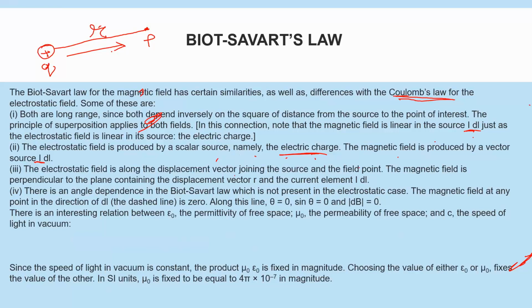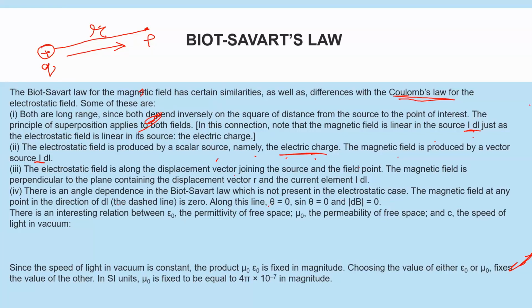So this is another major difference between electrostatic field and magnetic field. Also, we see that there is an angle dependence in the Biot-Savart law, which is not present in the electrostatic case. So magnetic field at any point in the direction of dl is 0.